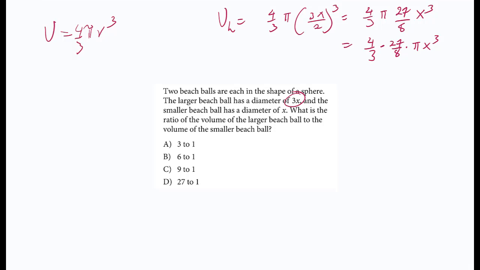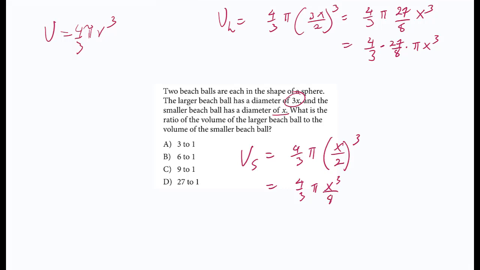Now let's look at the smaller, let's call it VS, the smaller beach ball. So that's going to be 4 over 3 pi. Now again the diameter is x, so this is simply going to be x over 2 all cubed. Now if I simplify, this is going to be 4 over 3 pi x cubed all over 8.